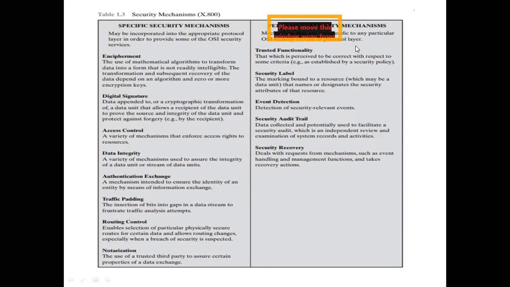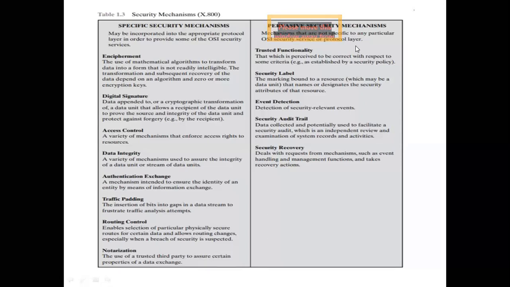The security mechanisms you use here are all related to the ISO-OSI layer architecture. Based on the seven layers, you can use these security mechanisms.